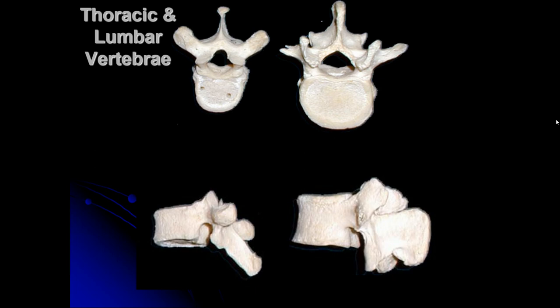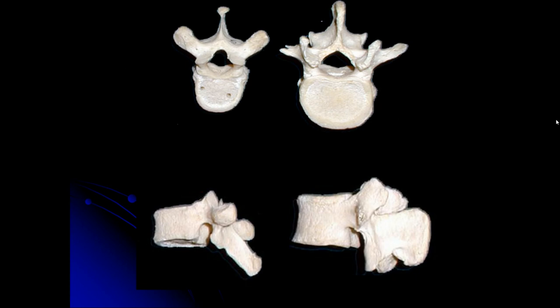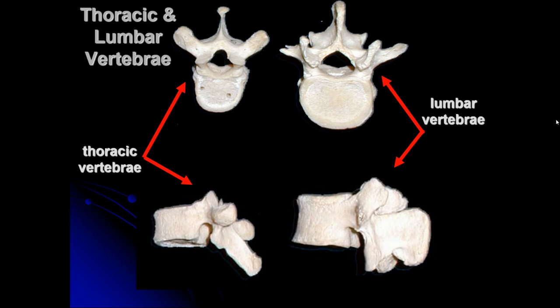We're also going to see the superior and inferior articulating processes, and they're different between thoracic and lumbar. The easiest way to tell these two apart is to look at these superior and inferior articulating processes. If you compare them, they're different.